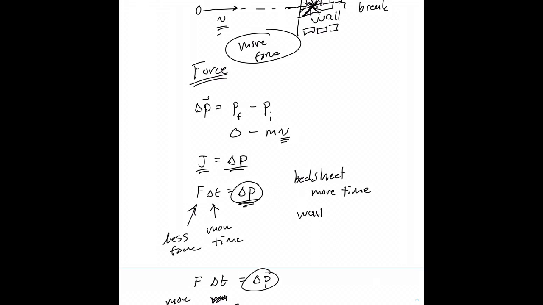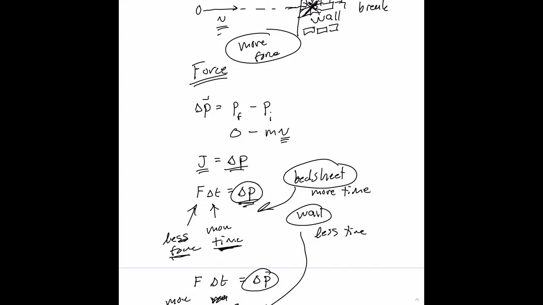If the change in momentum is the same in both cases, you could have a situation where a small force acting for a long duration of time has the same effect as a large force acting for a short duration of time. Less force and more time is the bed sheet, and when thrown against the wall, because the collision lasts for less time, it's the case in which you get a greater amount of force and the egg breaks.